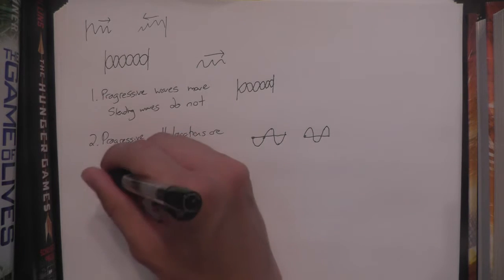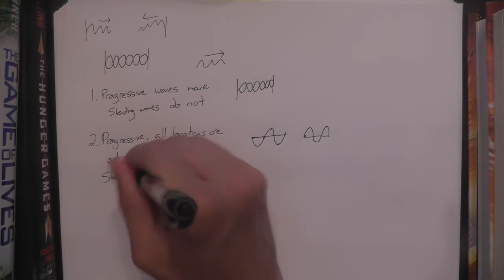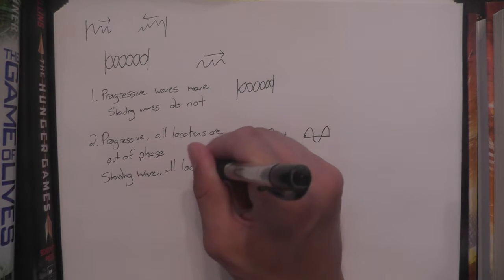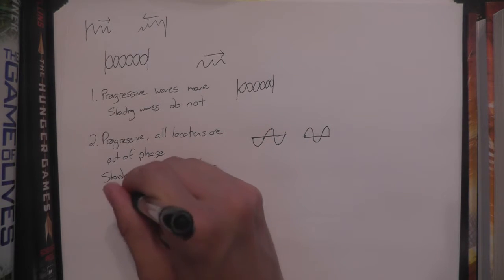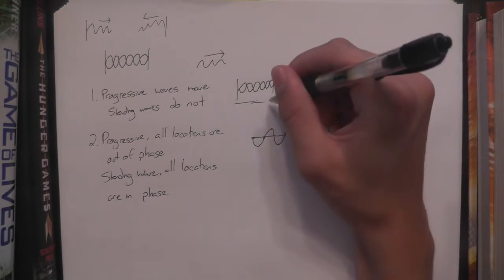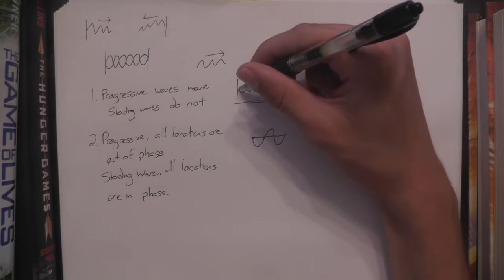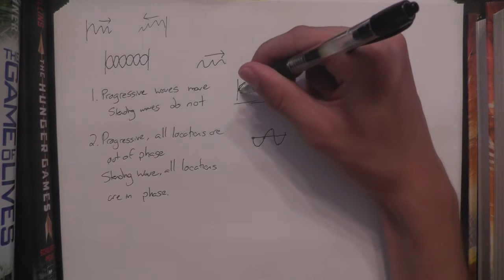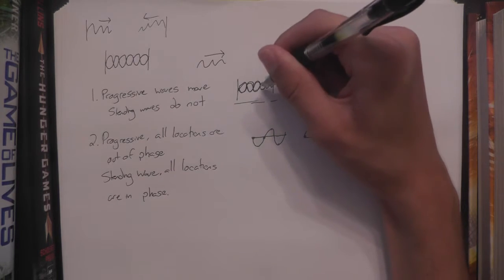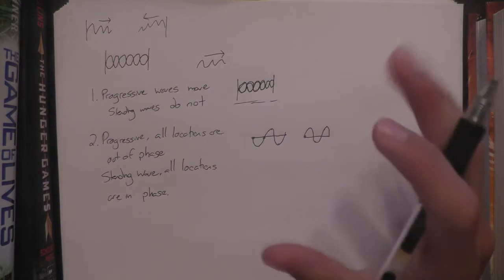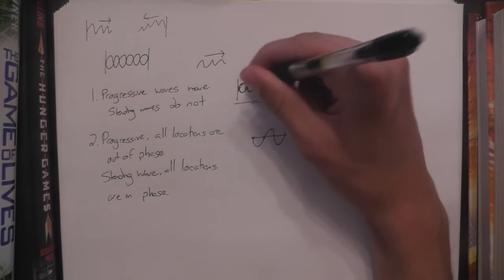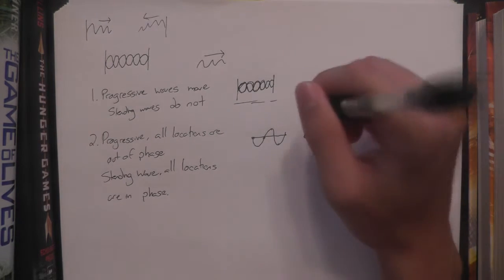However, in a standing wave, all locations are in phase. Which makes sense. If you look at this image here, you'll see that every single location is in phase with the next. It's always like this. It creates a perfect little circle area. They're all in phase. They're never out of phase. One location will always be like this. It doesn't change into something else like the progressive.